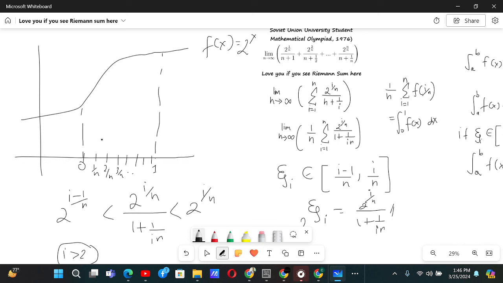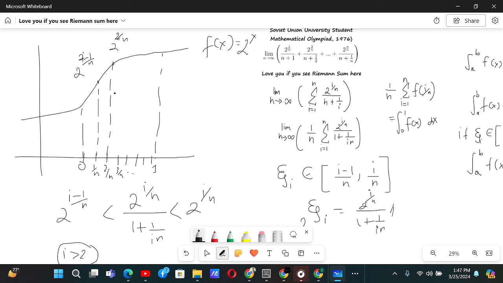So let's say if I is 2, then if I prove that this value always lies between 2 to the power 2 minus 1 by n and 2 to the power 2 by n.